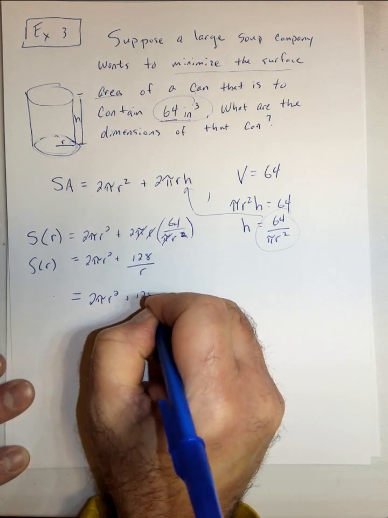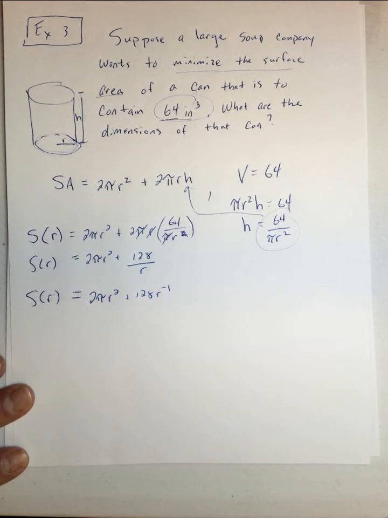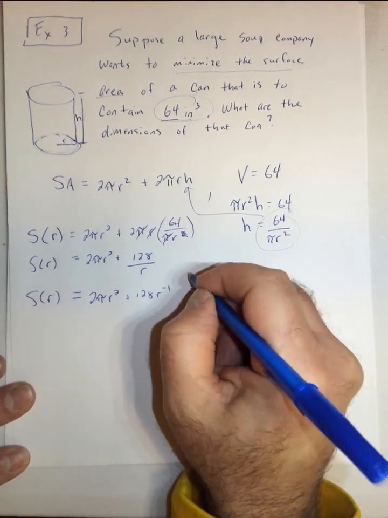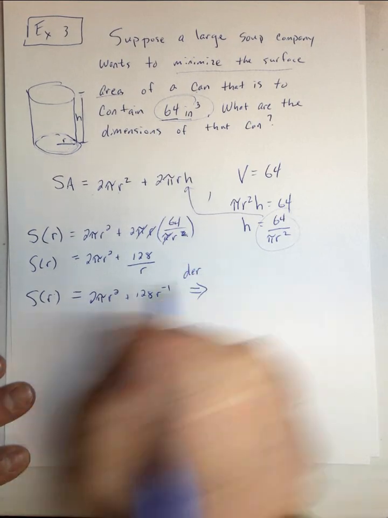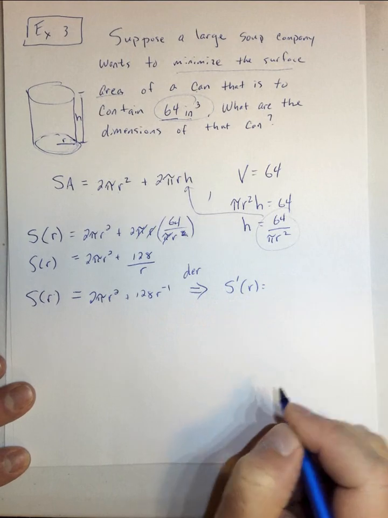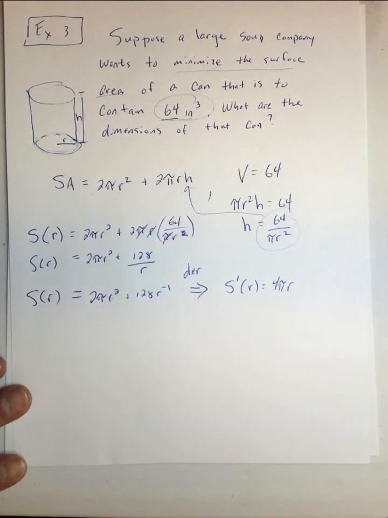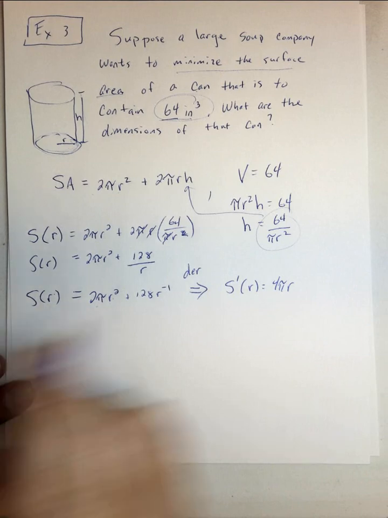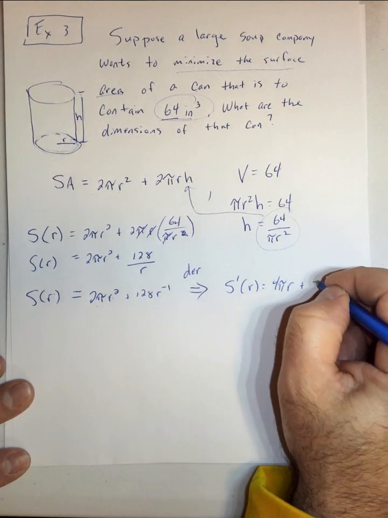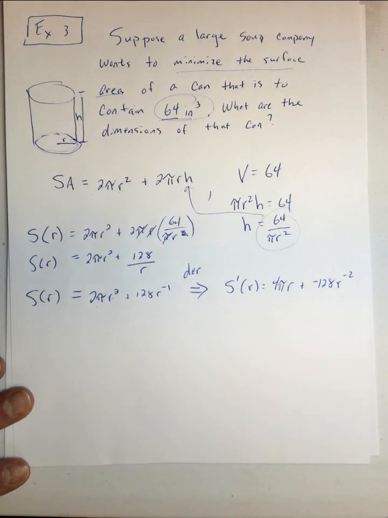So we get 128 r to the negative 1. Now we're going to go ahead and find the derivative. So S prime of r becomes 4 pi r plus a negative 128 r to the negative 2.